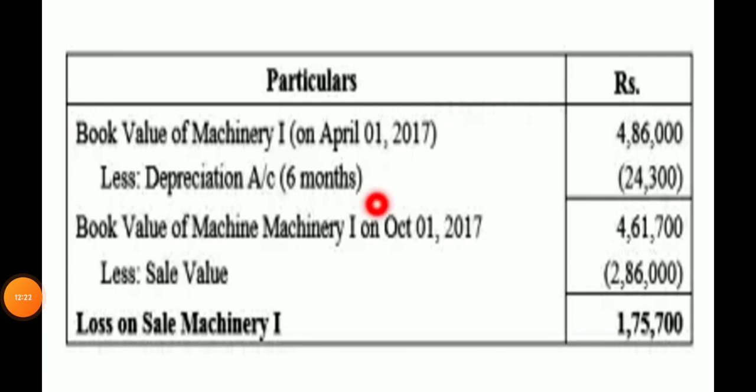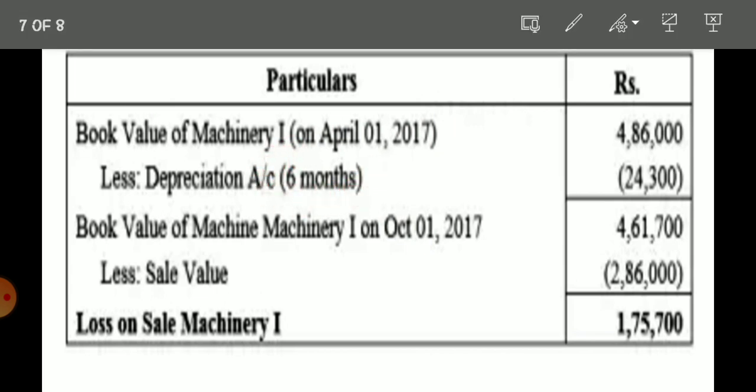So here is the working note. The book value of the first machinery is 4,86,000 in 2017. Depreciation is charged only for 6 months because on 1st October that machinery will be sold. So in 2017 the machinery runs only for 6 months, so you have to charge only 6 months' depreciation.